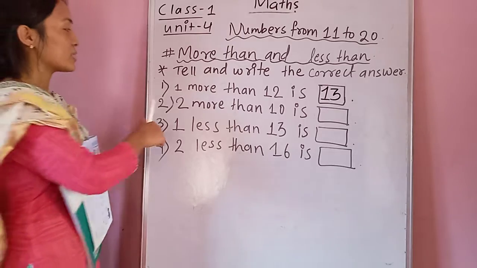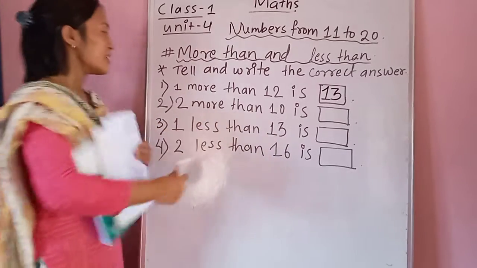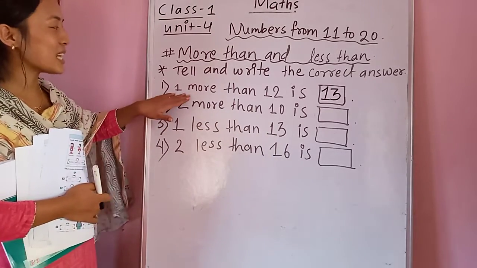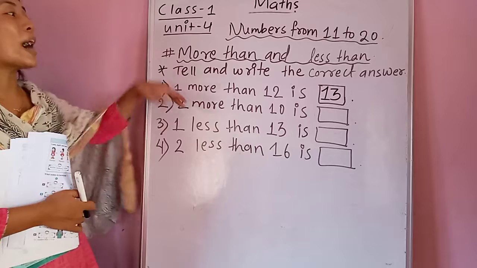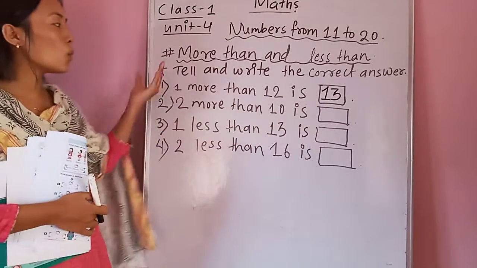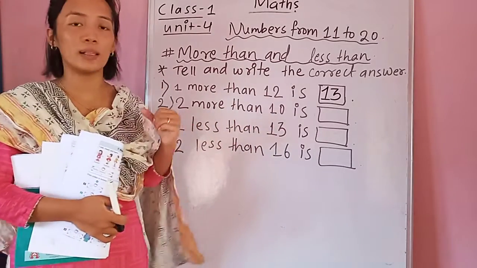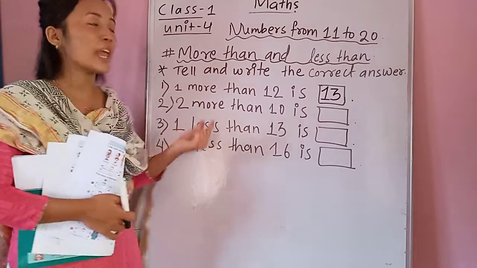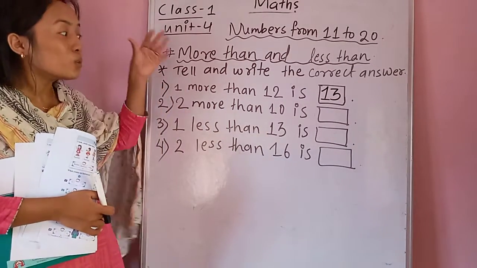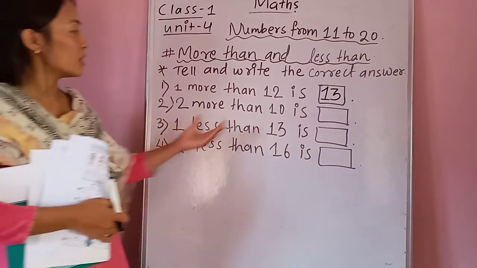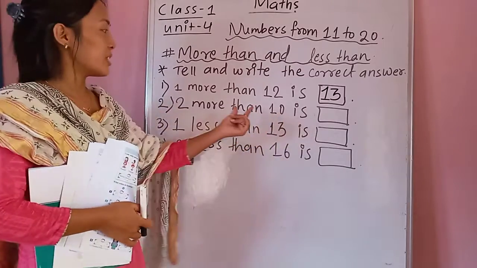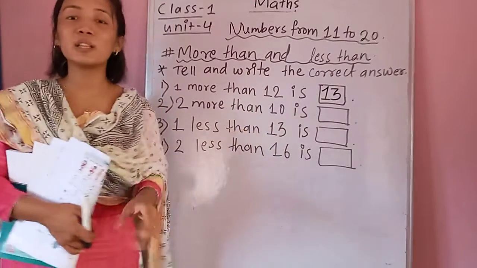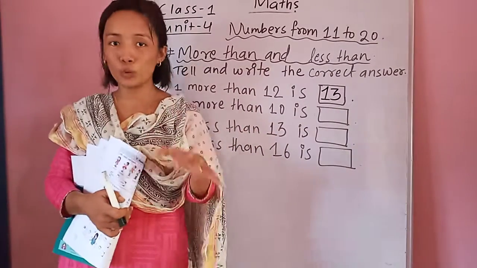After that, here is written 2 more than 10. In the first question, only one thing was added to 12. But here in the second question, you have to add 2 more, in 10. Suppose you already have 10 pencils.